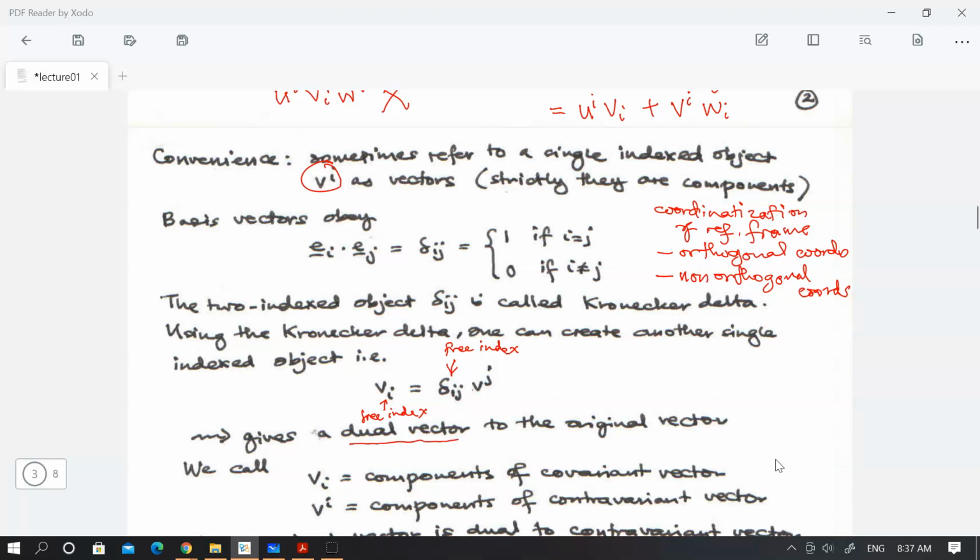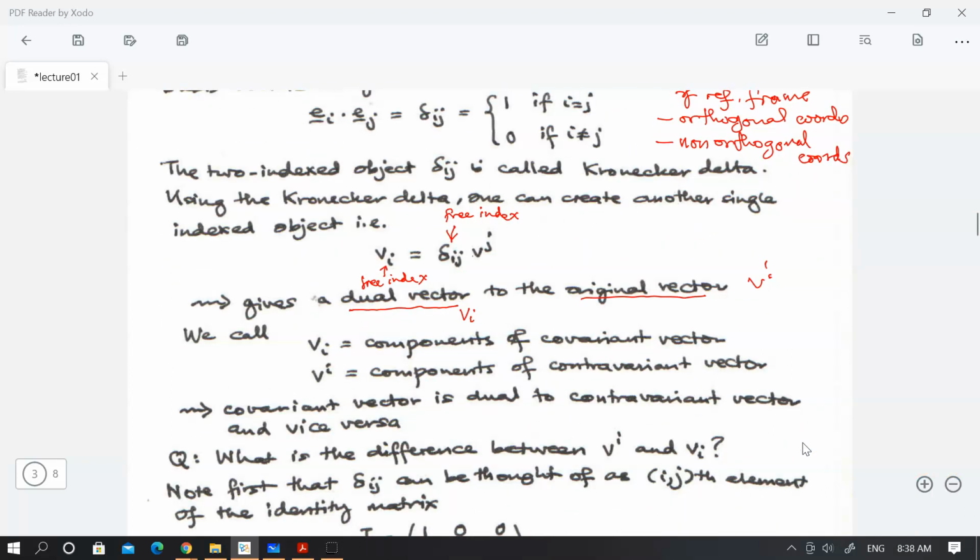The original vector has component v^i, with the index on top. The dual vector will have v_i, with the index at the bottom. And we're going to call these vectors differently. The index at the bottom is called a covariant vector, and the vector with the index on top is called a contravariant vector.